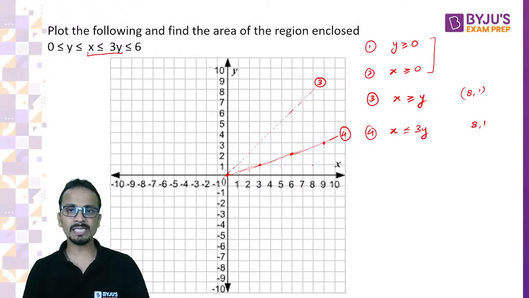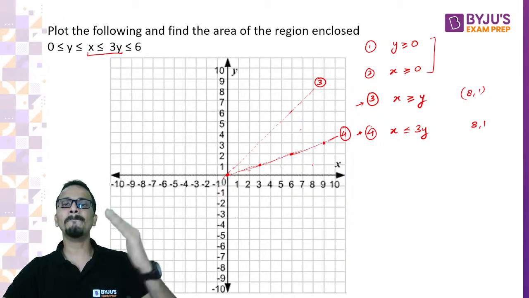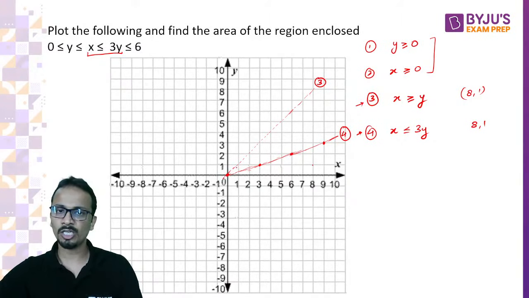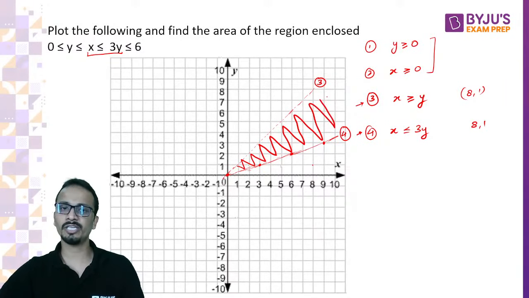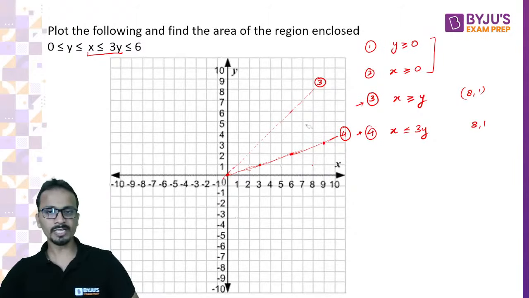So combining these 2, the region which is lying below line number 3 and above line number 4 is the region that we will consider. So temporarily I am just shading this region. Okay, fine. Am I clear? आगे चलते हैं अब.